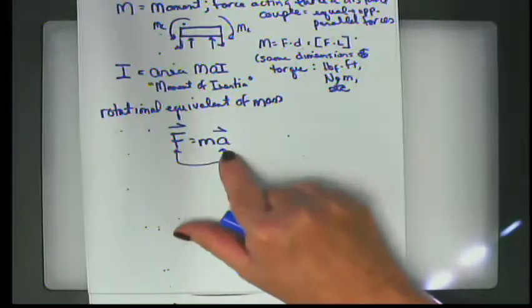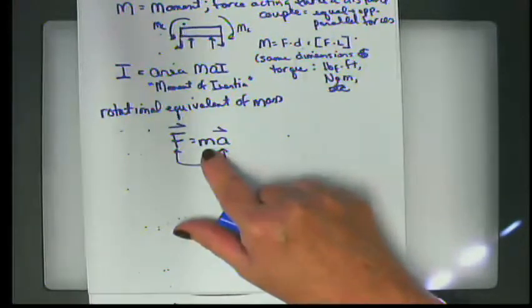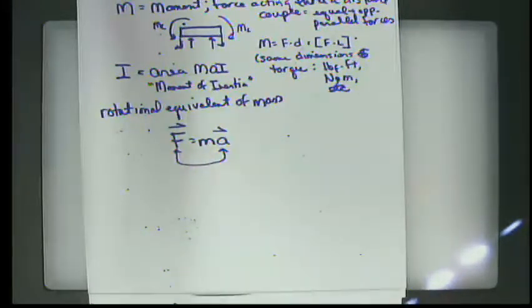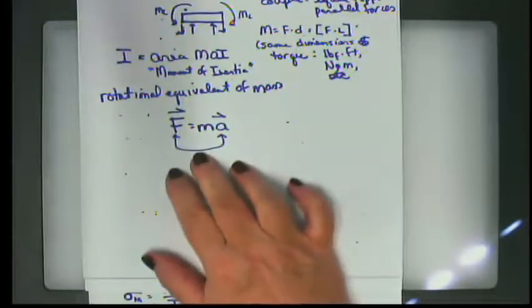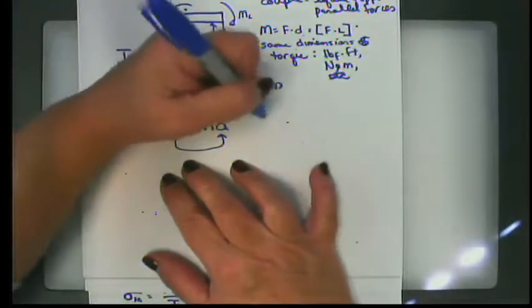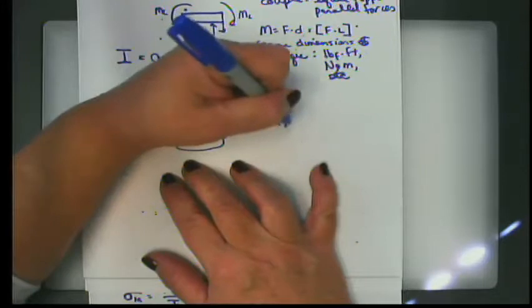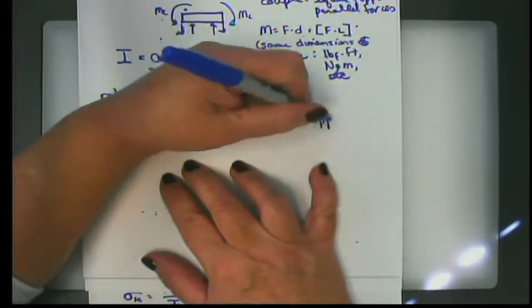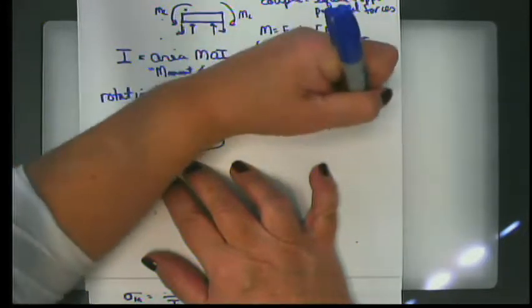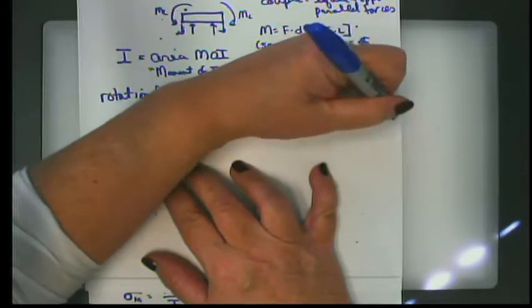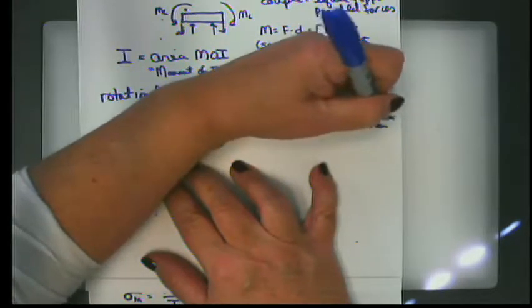Or for a given acceleration, the more massive a body is, the more force is required to accelerate it to that particular value. Or I would say mass opposes acceleration for a given force, right?